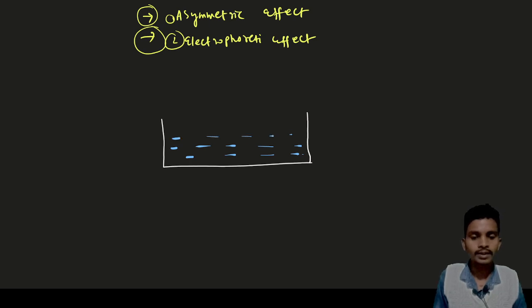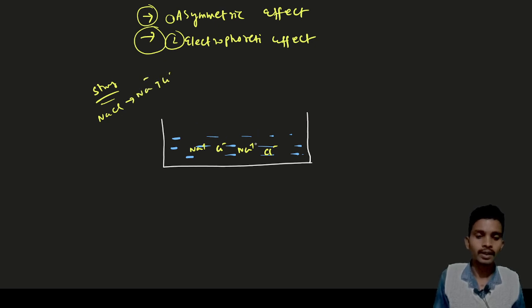We are discussing a strong electrolyte, so let's say the strong electrolyte NaCl. NaCl dissociates into Na plus and Cl minus. So the ions are present like this: Na plus, Cl minus, Na plus, Cl minus.